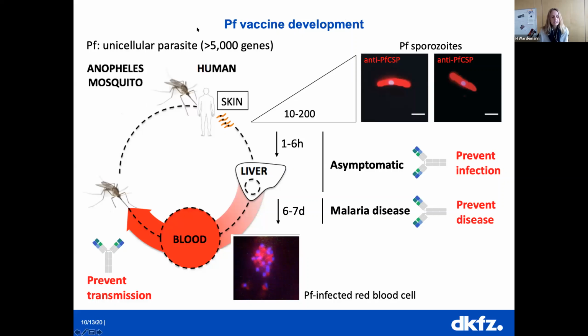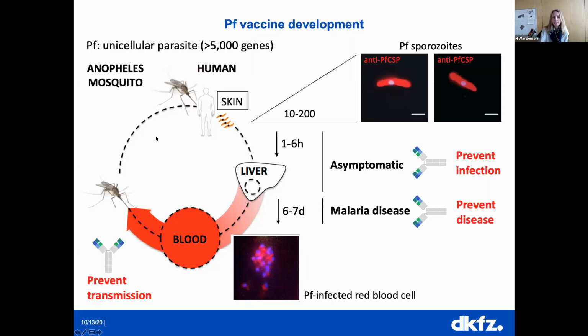Dozens of malaria vaccines have been designed that target all different stages of the parasite life cycle: the pre-erythrocytic stage to prevent the infection, but also the erythrocytic phase to prevent disease symptoms, and also the sexual stage to prevent transmission to the mosquito vector.